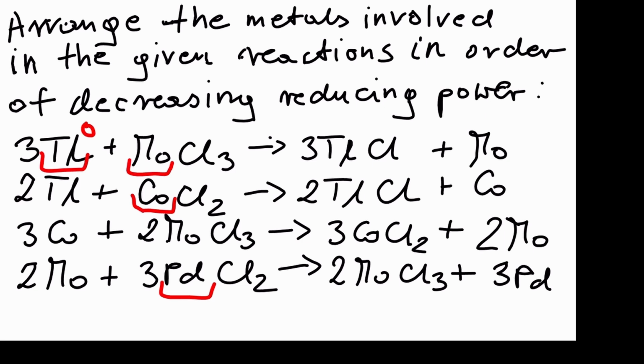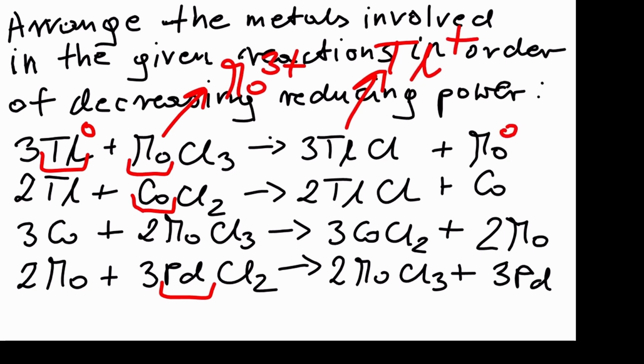So in this salt, in the electrolyte solution, we have molybdenum cations with the charge equal to +3. And what happens? Thallium is oxidized to the cations with the oxidation state equal to +1, and molybdenum is reduced to the metallic state.